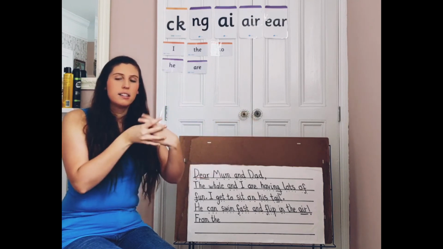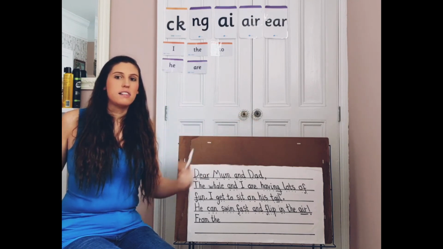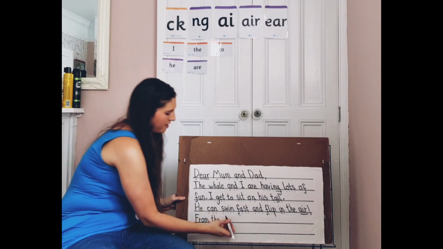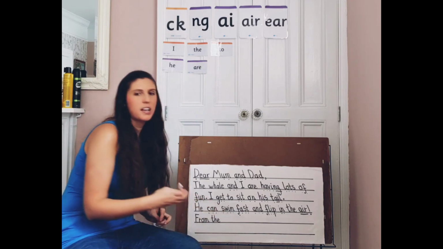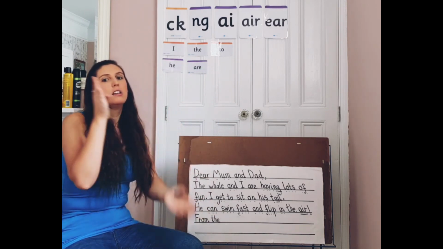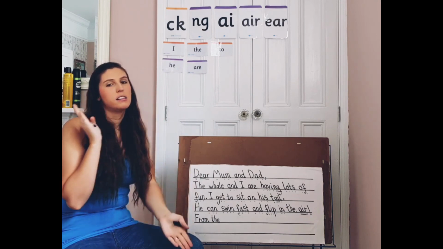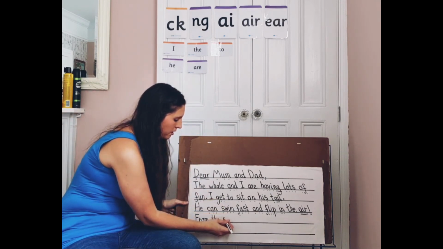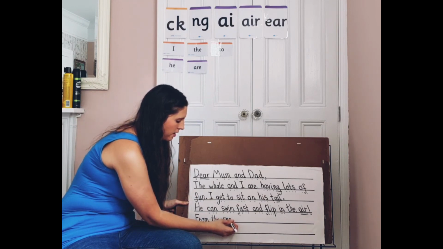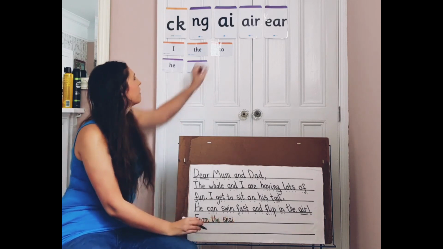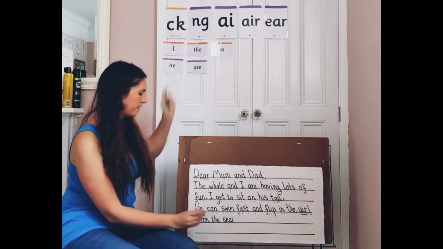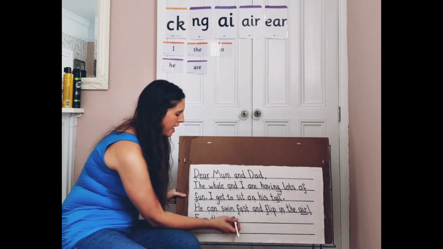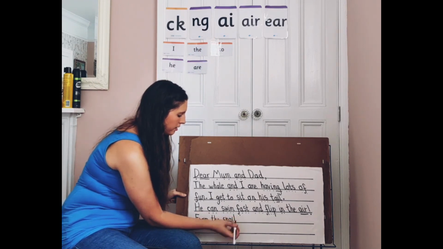Snail, and again, snail. Okay, going to be, let's just sound that one out as well. S-N-A-L, snail. So it's going to be A. Oh, that was our digraph A, this one here. A. Oh, okay.